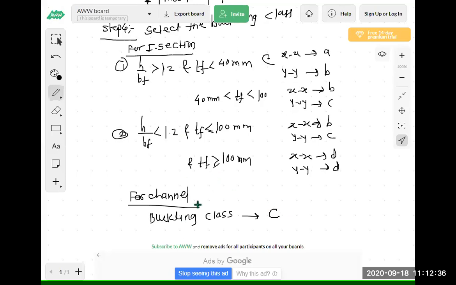Are you getting? This is step number 4. How to select the buckling class by using these formulas or conditions. Okay.